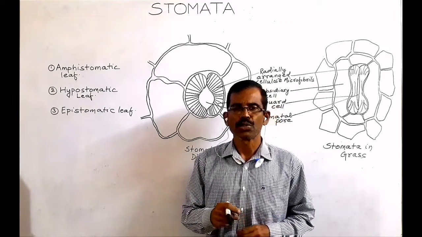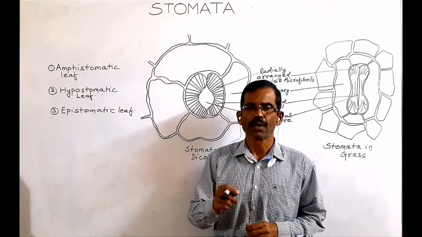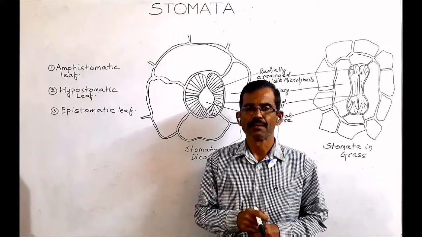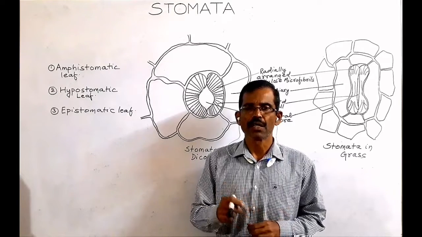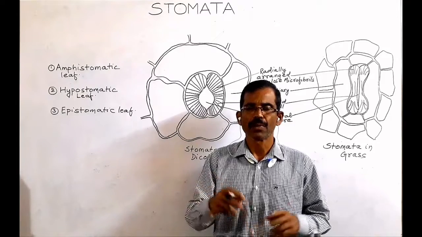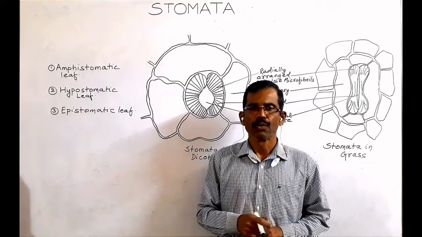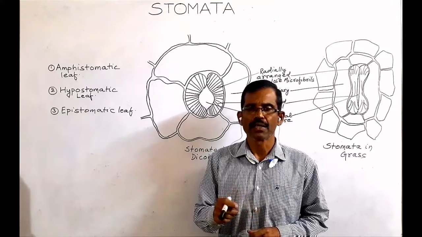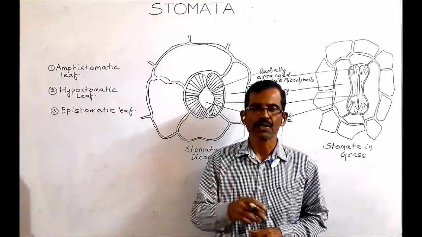The position of the stomata with respect to the epidermal cells varies. In case of mesophytes, the stomata is present at the same level as that of the epidermal cells. In case of xerophytes, which grow in dry habitat, stomata are located in a cup-shaped depression.